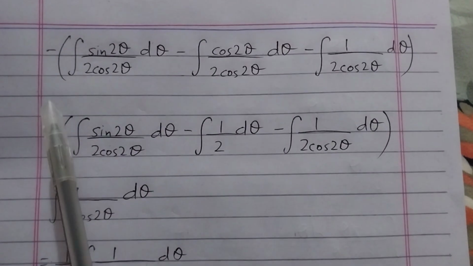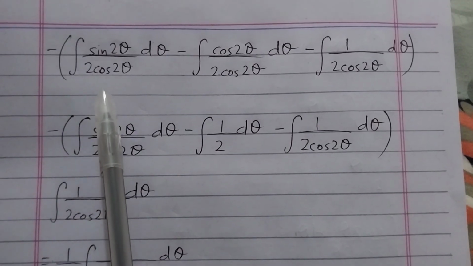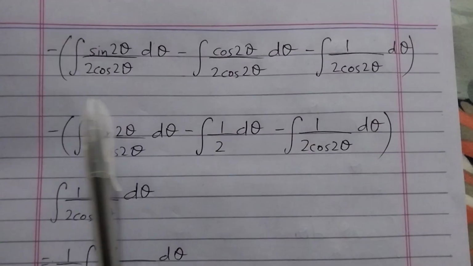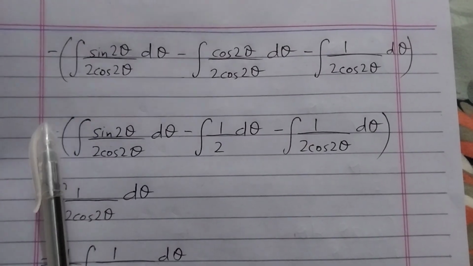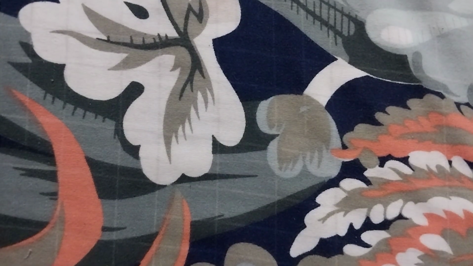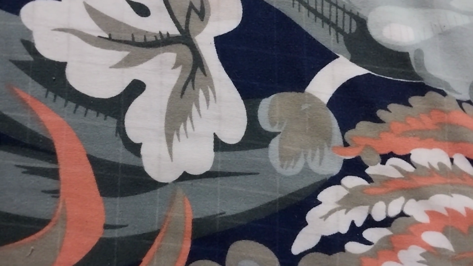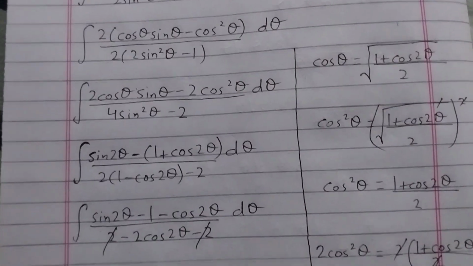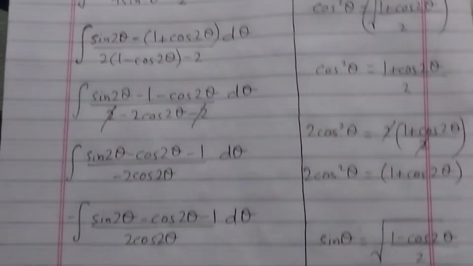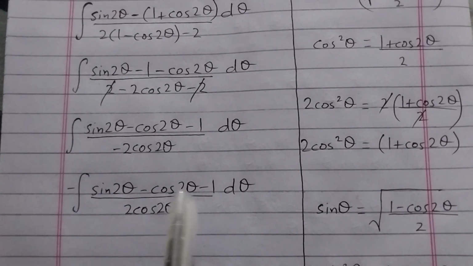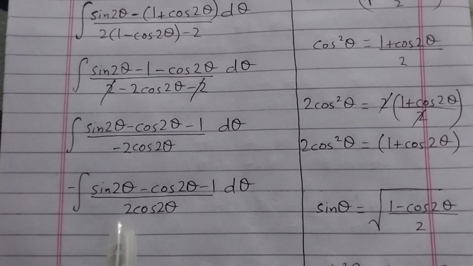So our expression becomes, in the numerator we have now 3 terms: sin 2 theta minus cos 2 theta minus 1 over 2 cos 2 theta.